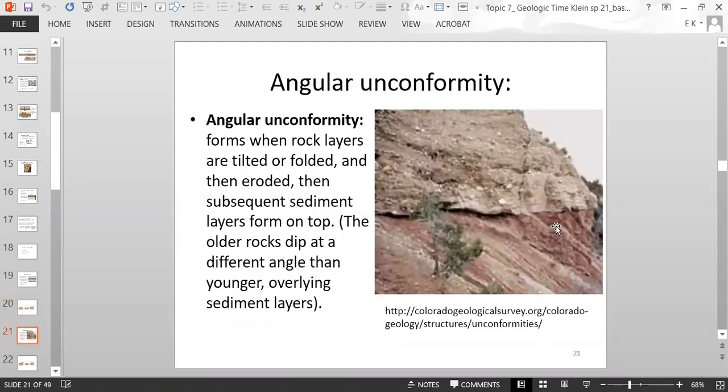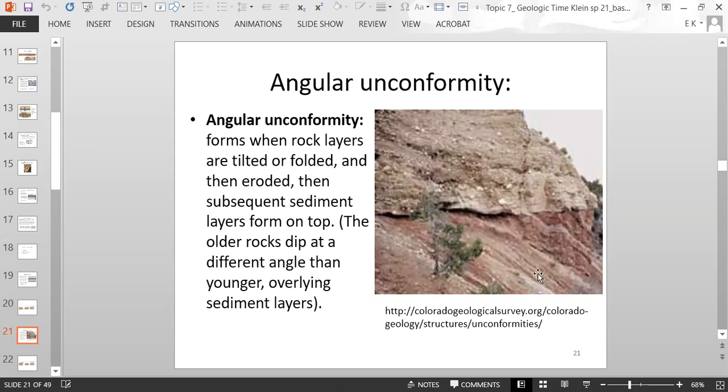Then we have angular unconformities. Angular unconformities form when rock layers are tilted or folded, and then erosion happens, and then more sediment layers are going to be deposited on top.